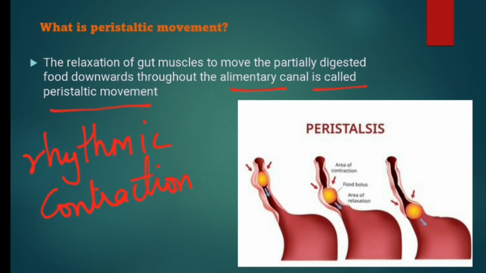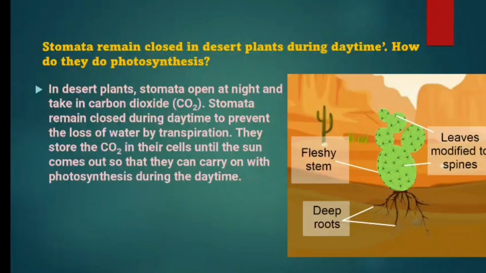The next question is: stomata remain closed in desert plants during daytime, so how do they do photosynthesis? As you all know, desert plants are also known as xerophytes, and in order to prevent transpiration and preserve the water they have, they do not open the stomata during the daytime. Then how does photosynthesis take place? The stomata open at night and they take in the carbon dioxide.